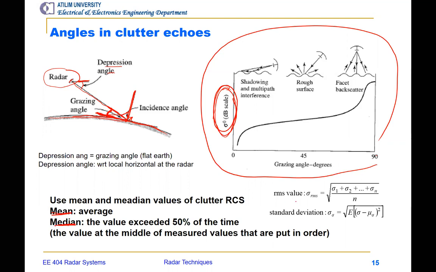So we just repeat the measurements n times and then get the average, and then its square will be the RMS value. For standard deviation, if it is a random variable, we simply take the expectation of sigma minus mu, squared.